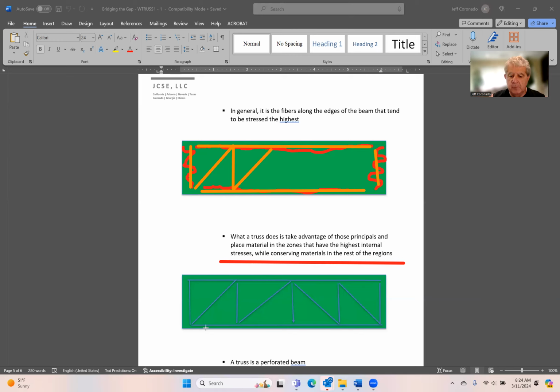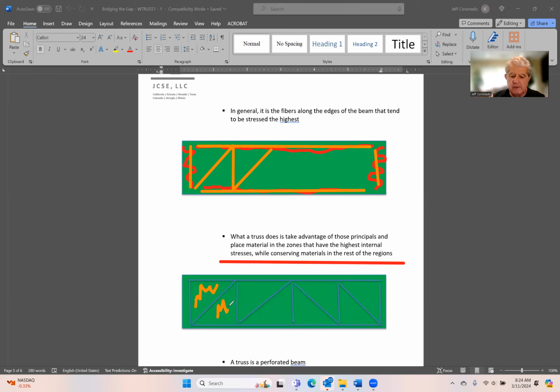This truss in blue, the elements that are drawn in blue represent a truss, make up a truss. It replaces what would have been a humongous beam, but with a significant amount of material savings, because we don't have material in here.